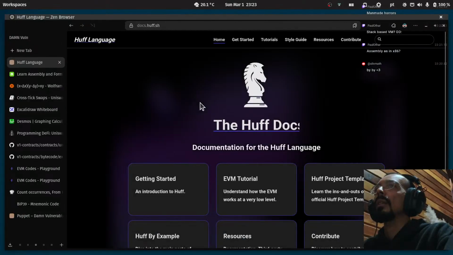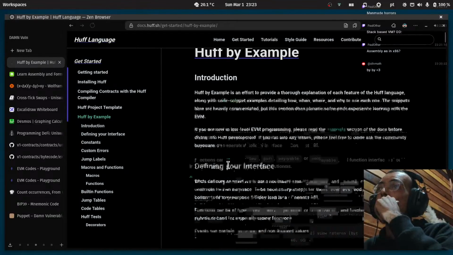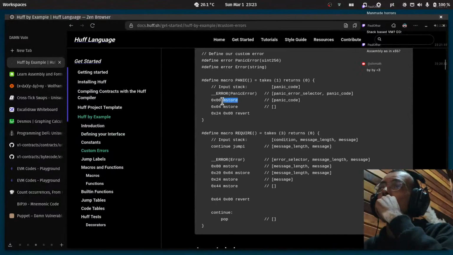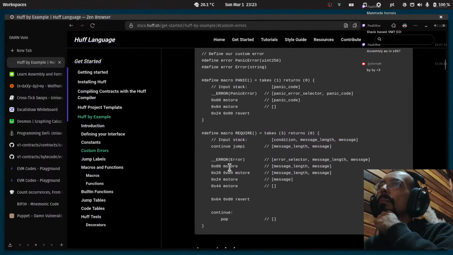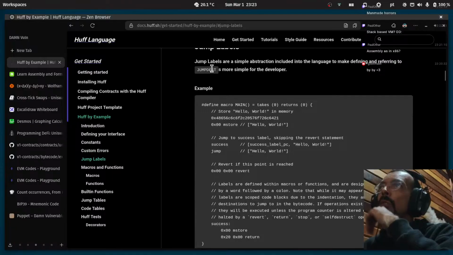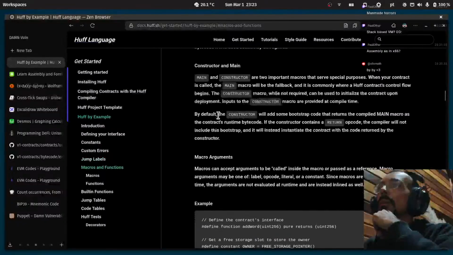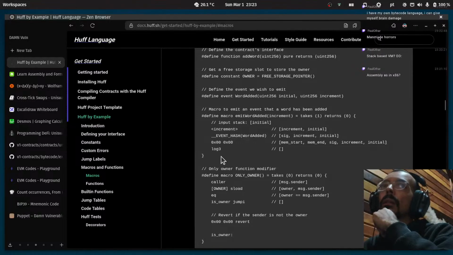It's tougher to type, but gives more control. For example, here you can call the opcodes: mstore, revert, pop, continue, the jumps. So I have jumps too, etc. I think Huff is closer to assembly. I have my own bytecode language. I can give myself brain damage.